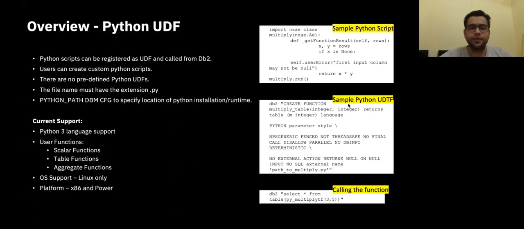The current support for Python UDF is for the Python 3 language. The functionality that is supported is scalar functions, table functions, and aggregate functions. The OS supported is Linux only right now. The platforms supported are both x86 and Power.